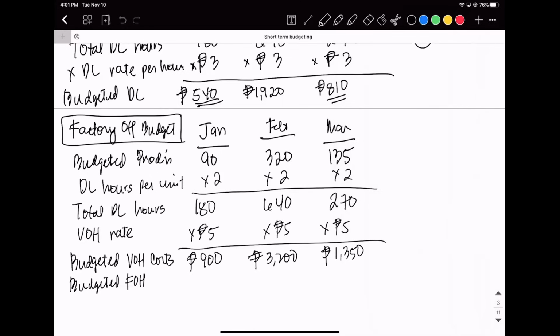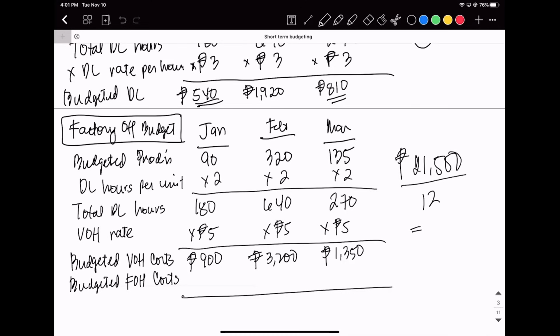And then budgeted fixed overhead cost. Okay, so paano sa fixed overhead cost monthly? Binigay sa atin ay annual. Per annum is 21,800, so divide mo lang by 12.